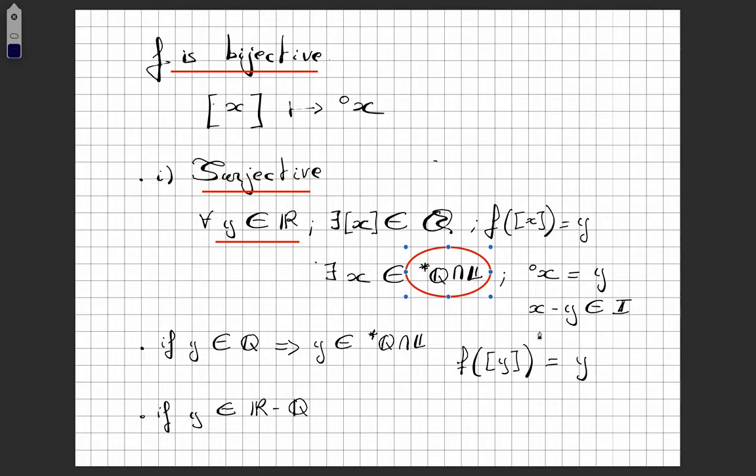In other words, again, I need to show that x minus y is infinitely small, an infinitesimal. So if y is already not just a real number, but even a rational number, then it's very easy to understand that y is also a limited hyperrational number, and therefore f of the equivalence class of y is y. So all we have to worry about is the y that are irrational numbers.